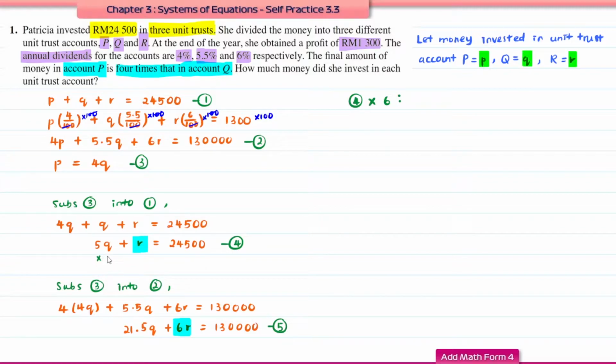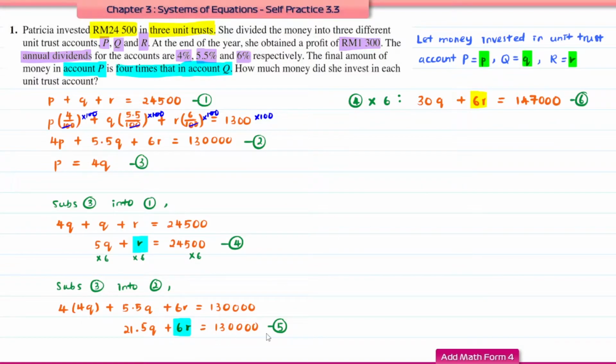Each of the terms in equation 4, we multiply by 6. Therefore, you have 30q plus 6r equal to 147,000. We label this as equation 6. By doing so, we have already equalized the r here.